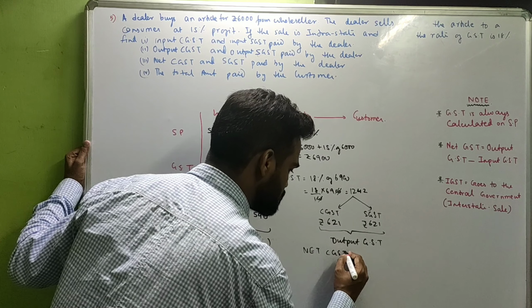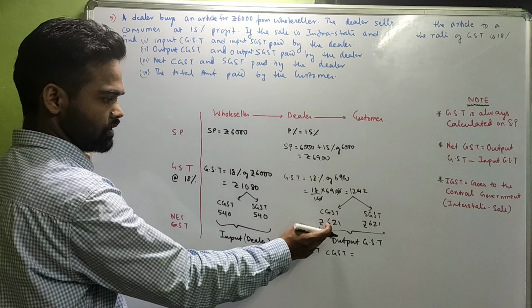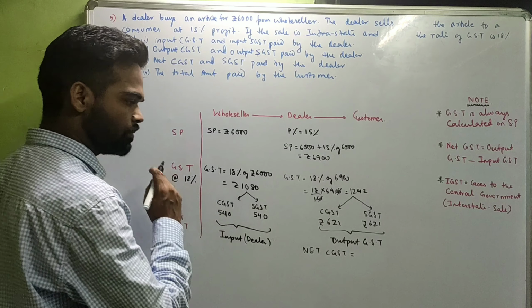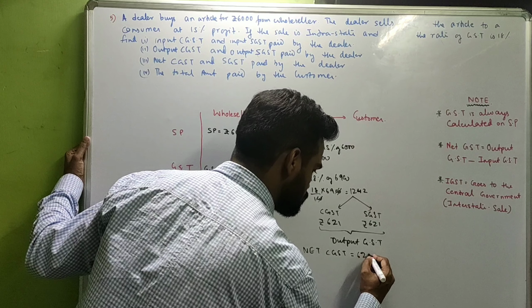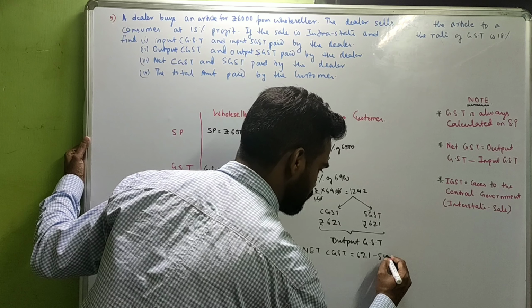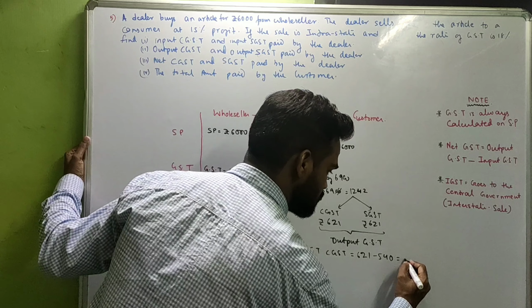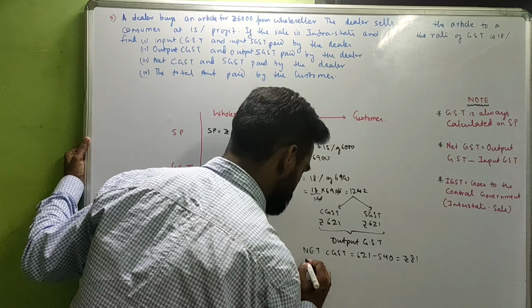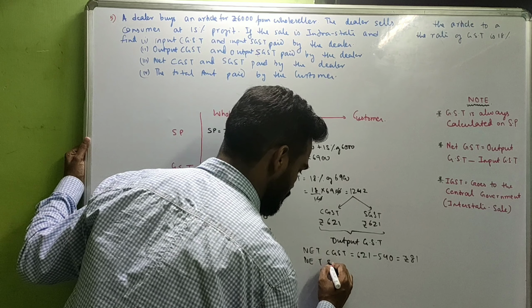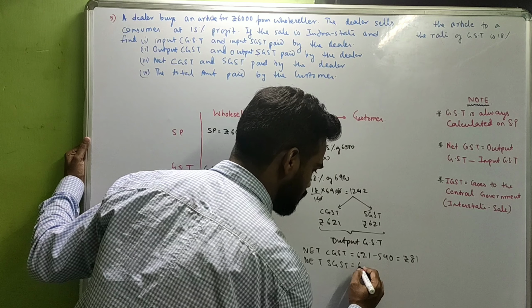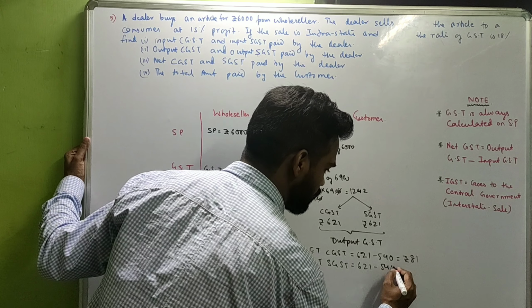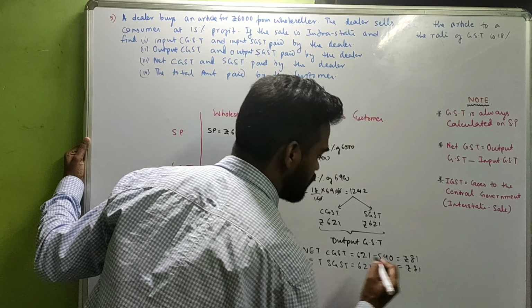Net CGST will be what? Output minus input, which is 621 minus 540, which is rupees 81. Similarly, net SGST will be what? Again 621 minus 540, which is rupees 81.